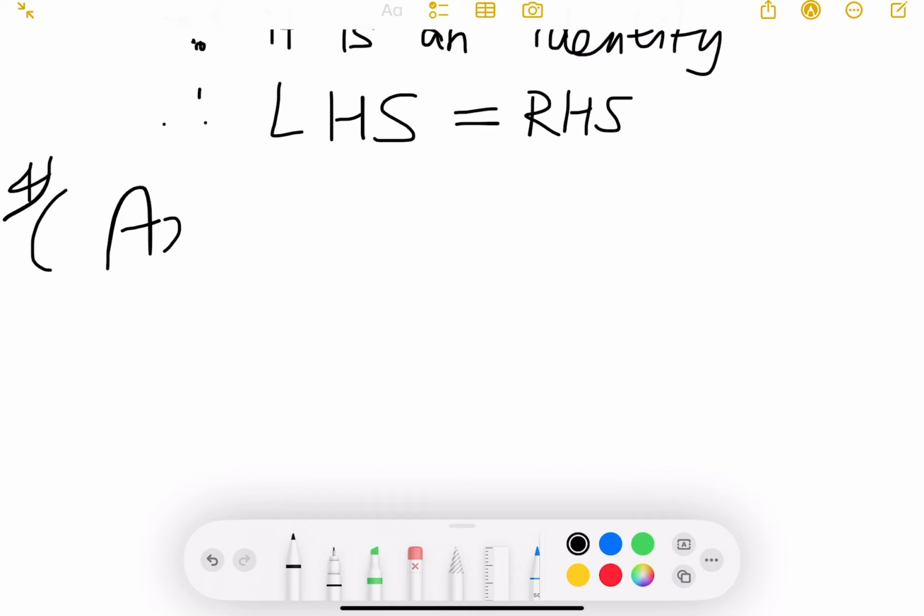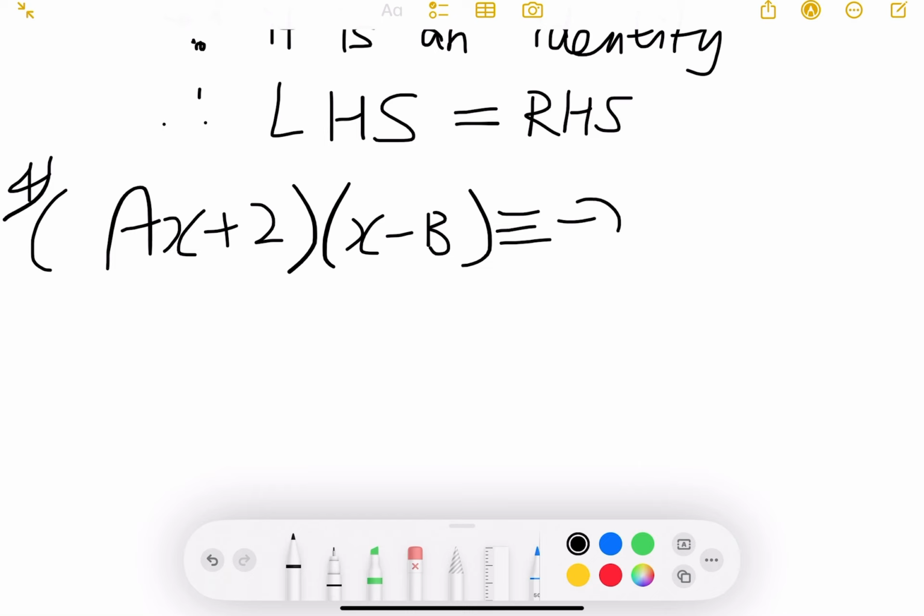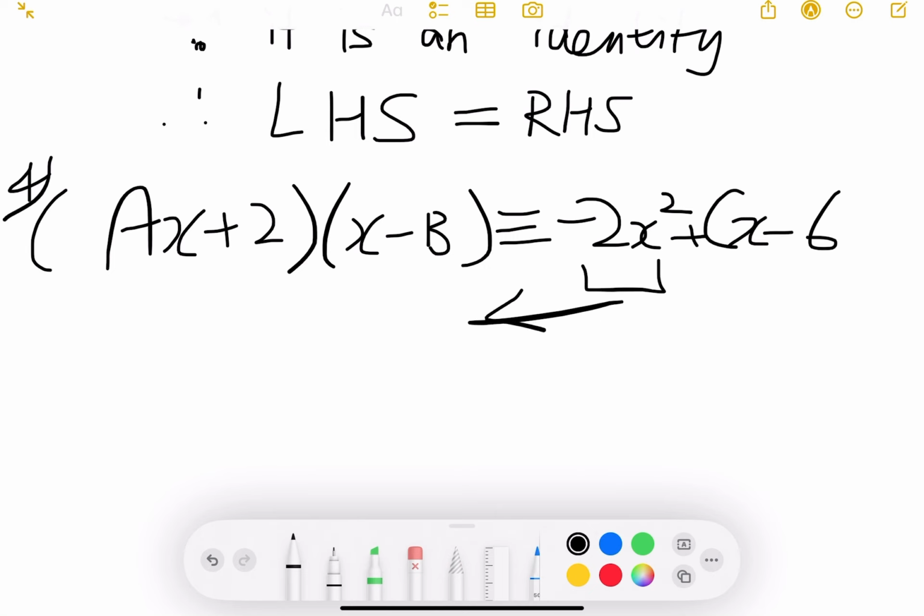It's ax plus 2x minus b, identical to negative 2x squared plus cx minus 6. For identity, these things cannot be combined if you do it within the equation, but after you separate them, then you can.